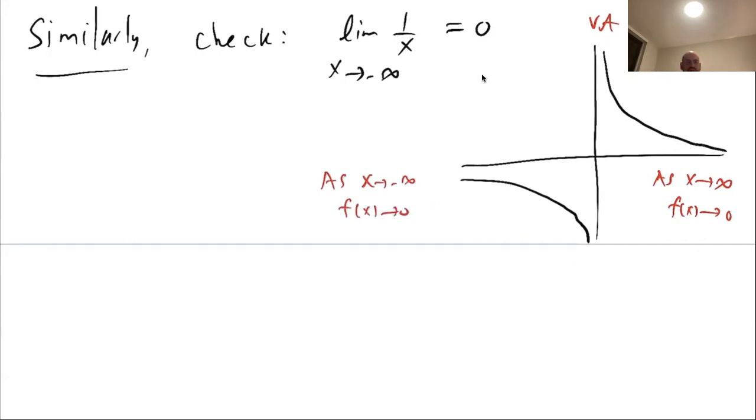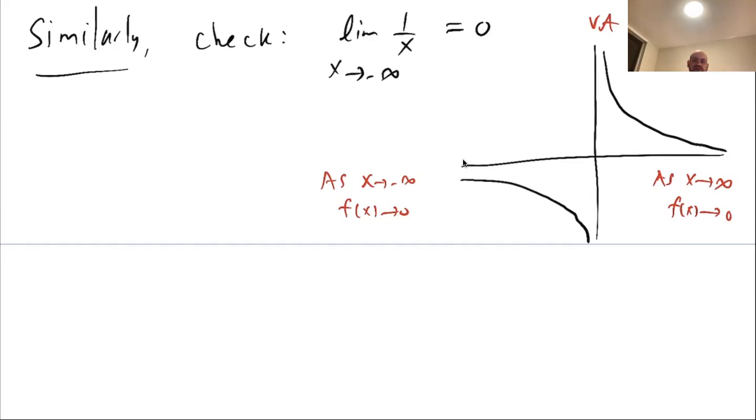So let me explain here. When we say x approaches infinity, limit f of x is 0, it means the outputs become very close to y equals 0. Y equals 0 means the x-axis, right? So as x becomes larger and larger, on the right end of your graph, the outputs become very close to 0, meaning very close to the x-axis.